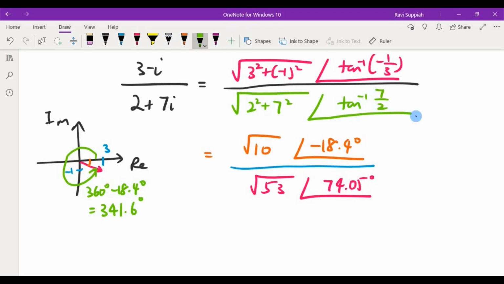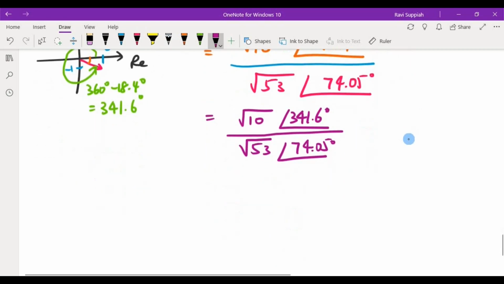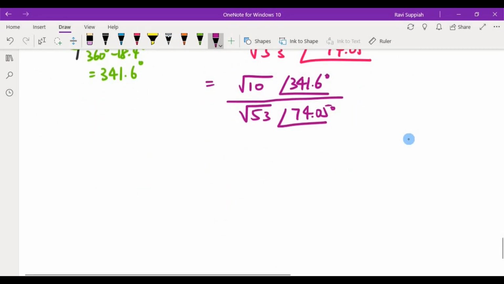Okay, so I'm going to write that new expression here. So square root 10 angle of 341.6 degrees divided by square root 53 angle 74.05 degrees. Okay, and now we can apply the rule that we just saw.